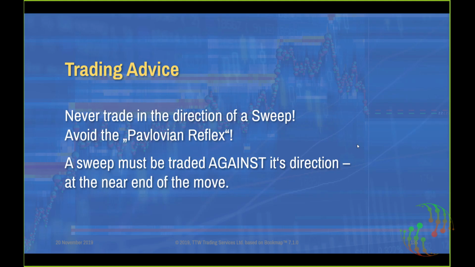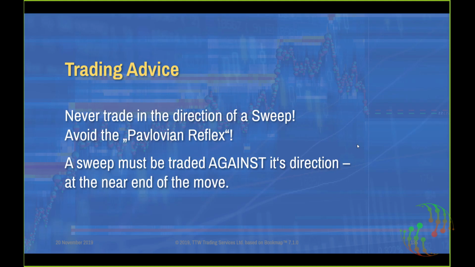It goes very fast, up and down, and then we act with a reflex and try to jump on the trade. That's a Pavlovian reflex. That means we are used to trading breakouts, for example. Whenever a fast move goes through the level, we jump on this move without thinking. It's simply a reflex, or maybe also part of our strategy. I don't know. You have to answer it by yourself.